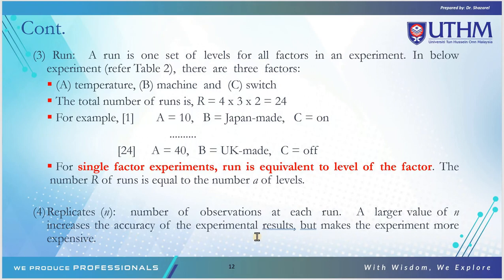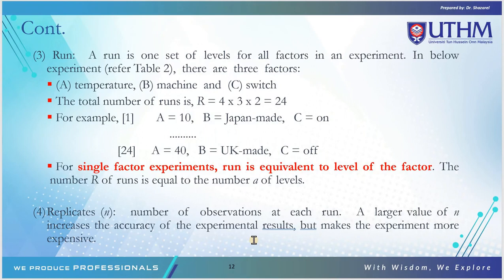Of course, because we have a larger number of observations or samples, as we called it in the previous chapter. If there is a larger sample, it will increase the accuracy of our result.